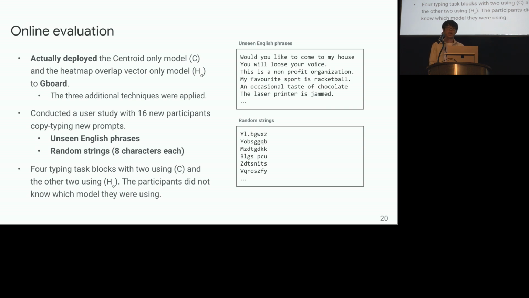Some of the prompts are English phrases which did not appear when we collected the training data, and the others are random strings of 8 characters each. We asked the participants to perform 4 typing tasks, and 2 of them used the centroid model and the other 2 used the heat map model. However, the participants didn't know which models they were using.